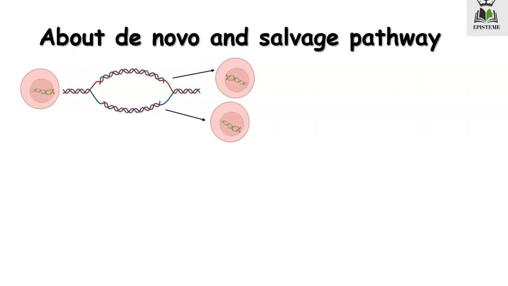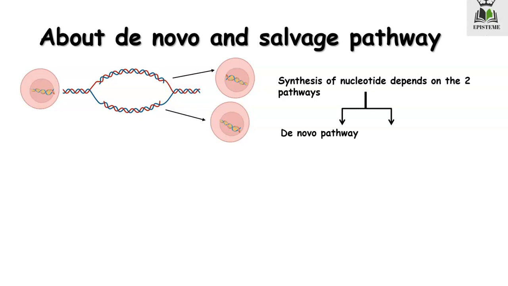Before a cell divides into two daughter cells, the parental cell undergoes replication of its DNA. During the replication, one strand is parental and another new strand is formed complementary to that parental strand. The production of the new strand requires the synthesis of nucleotides, and synthesis of nucleotides is possible by two pathways.